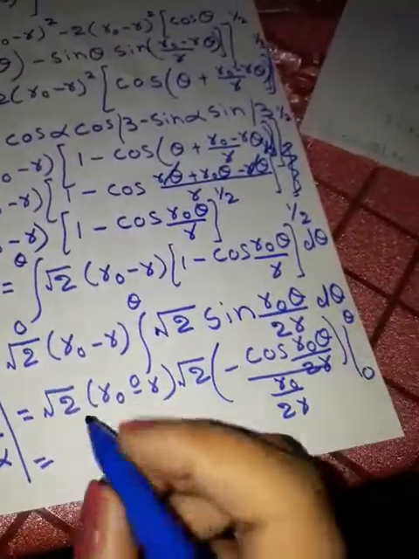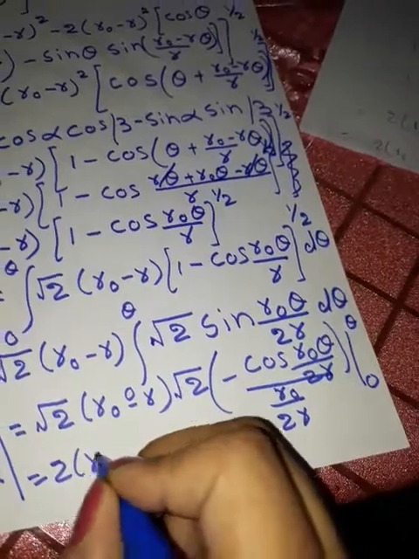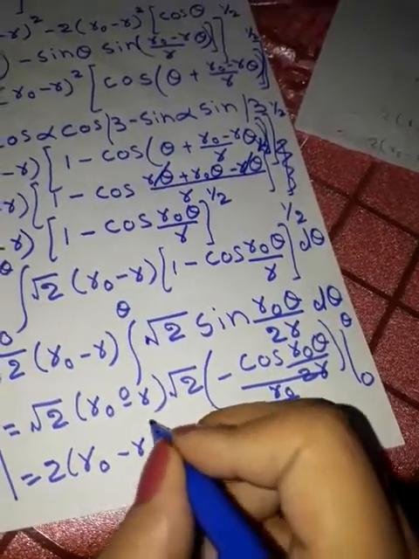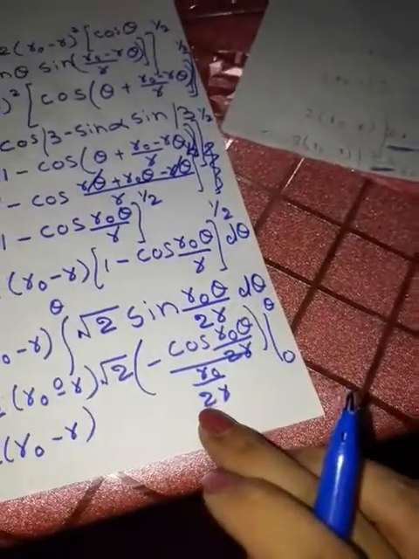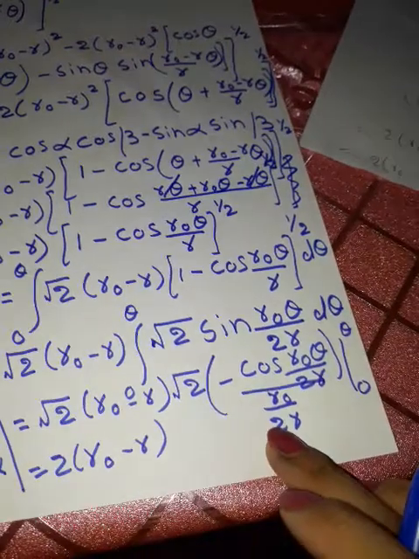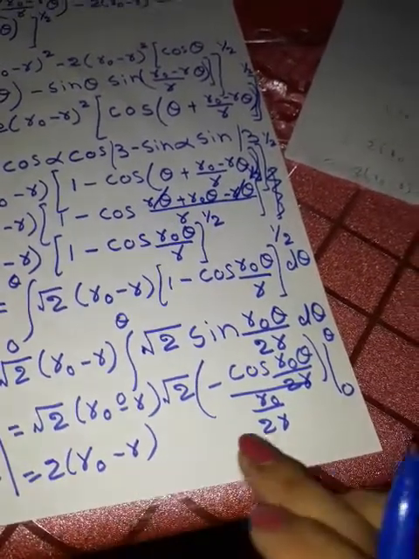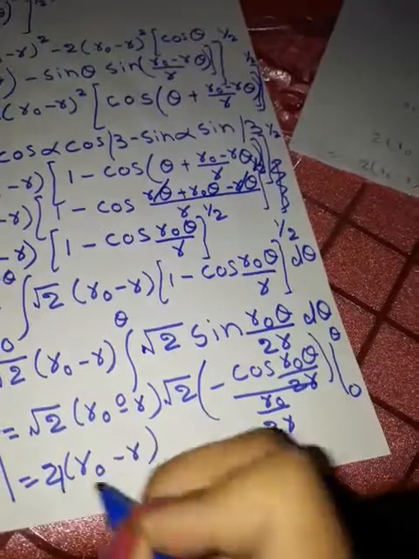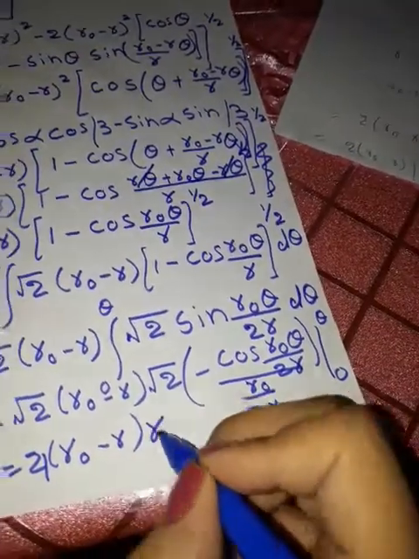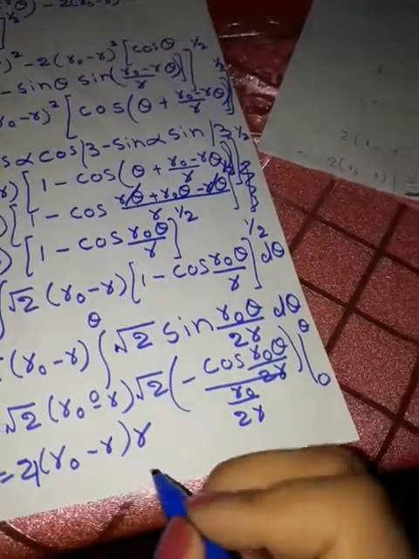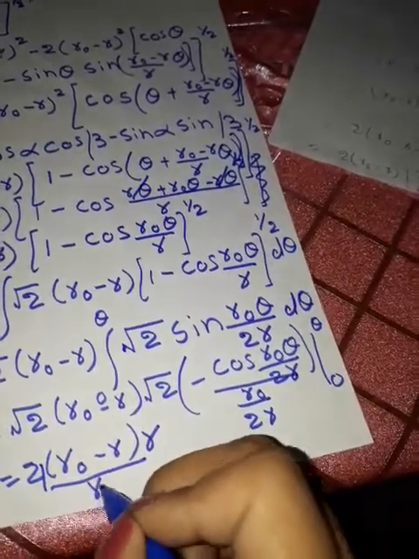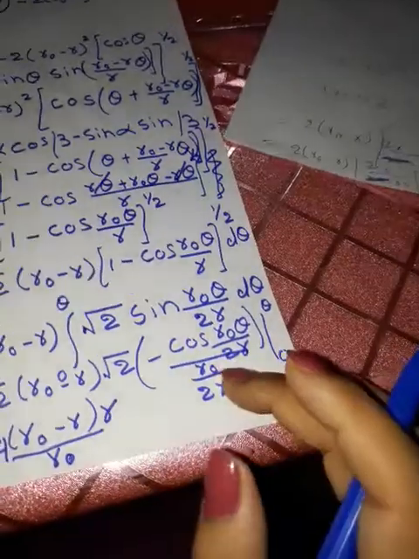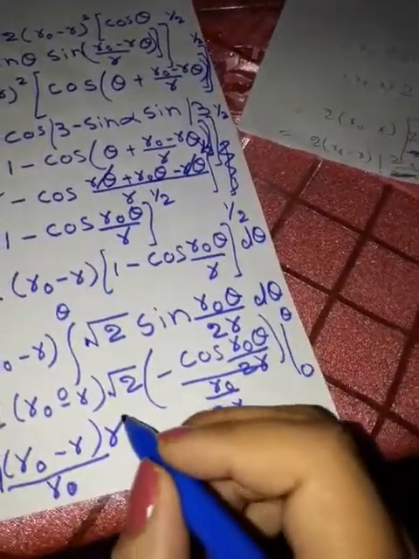Under root 2 into under root 2 is 2, into r naught minus r. Here 2 into 2 is 4, r divided by r naught. I am just doing cross multiplication.